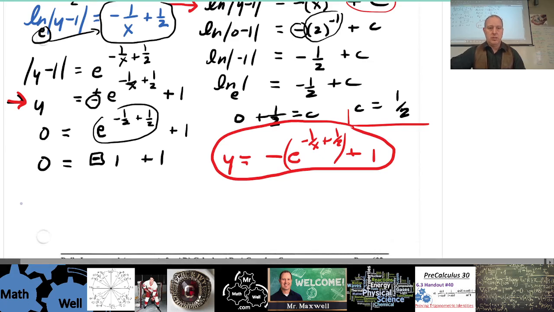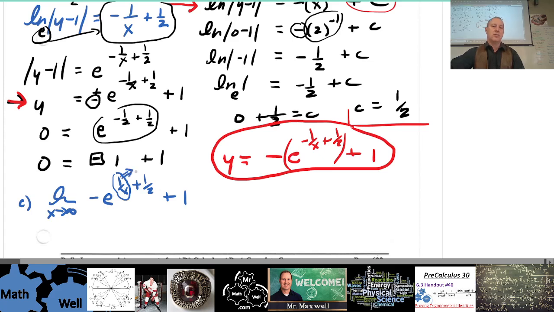So let's do some blue. So C, we're looking for the limit of, this is like the negative e to the negative 1 over x plus 1/2 plus 1. So as x approaches infinity, I guess the only place where I see x is here, and it's a 1 over x, so that's kind of nice. As x approaches infinity, this does come to a certain value, doesn't it?